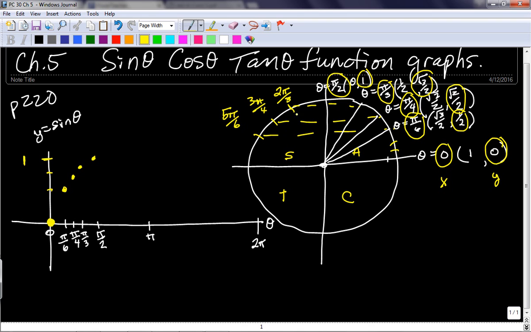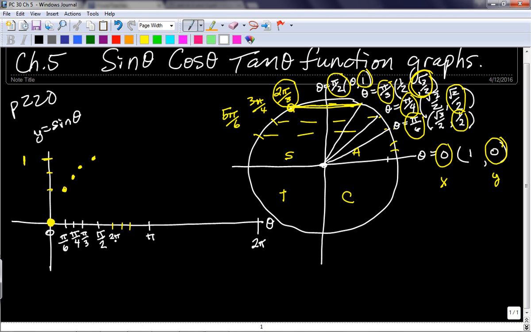So let's do this 2 pi over 3. That's going to be root 3 over 2. Okay, does everyone see that? 2 pi over 3 is going to have a sine ratio that's similar, or the exact same to this one, root 3 over 2. So let's map these again right here, here, and here.